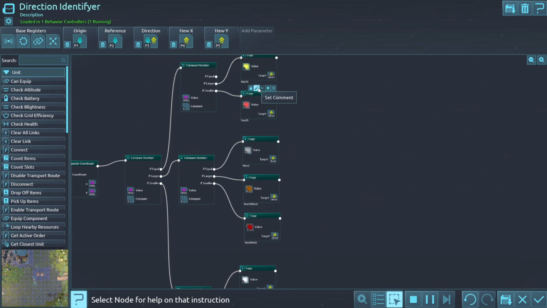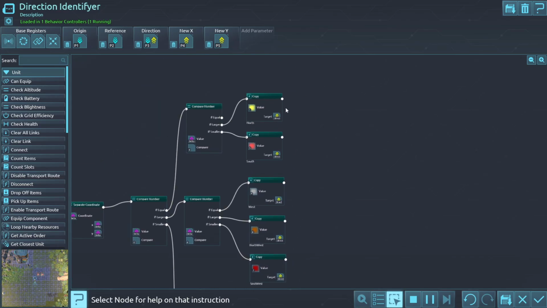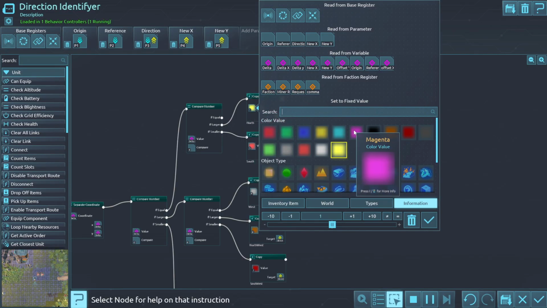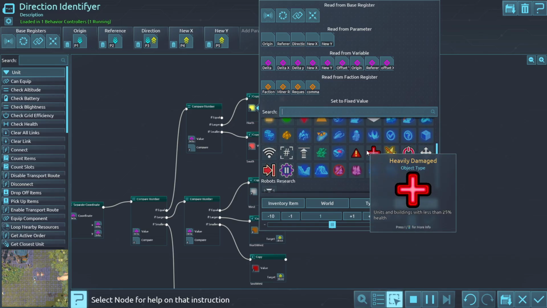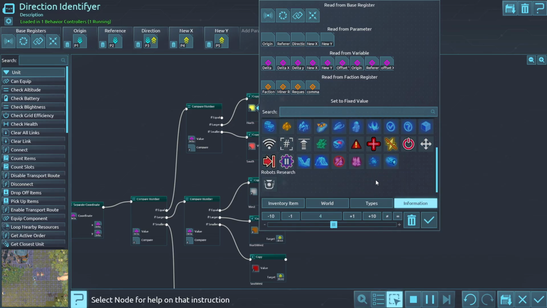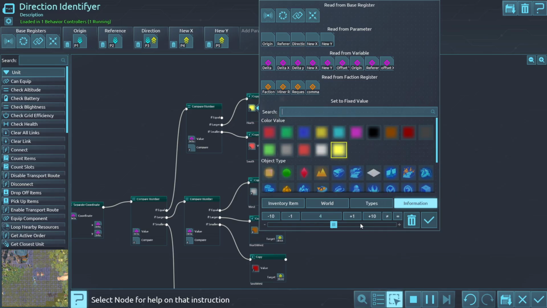Now, I've used colors here to set up the axes. The reason I did that is because I couldn't really find a better way to set those up, because you can't just use numbers for these. You have to use something else. And so I just figured colors was the best.